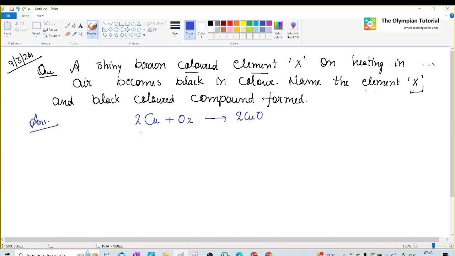So, have you written the balanced chemical reaction? Yes, ma'am. Actually, they are asking for a shiny brown colored element, so it is shiny brown in color and it is black in color.